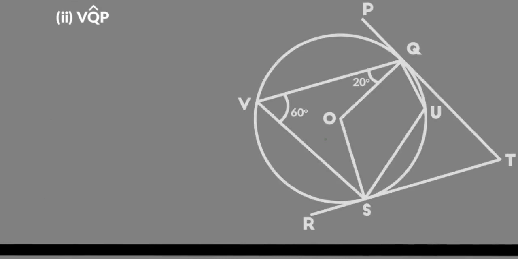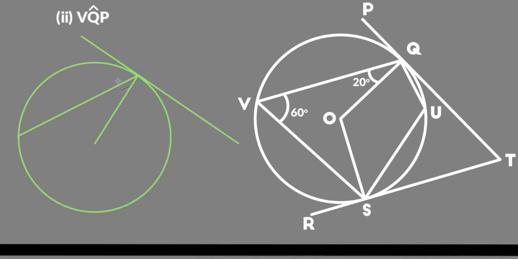So look carefully in the diagram. We're trying to find angle VQP. I'm going to highlight which part of the diagram we're going to focus on. This is the part of the diagram we're supposed to focus on.